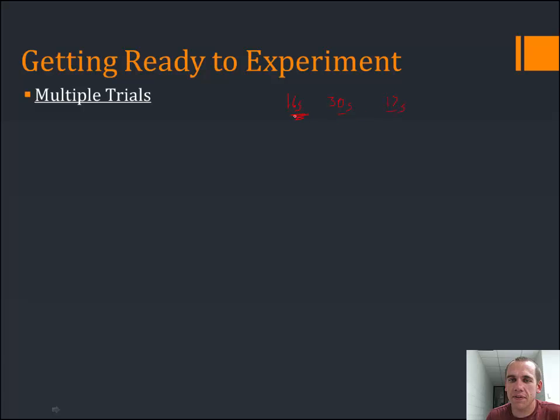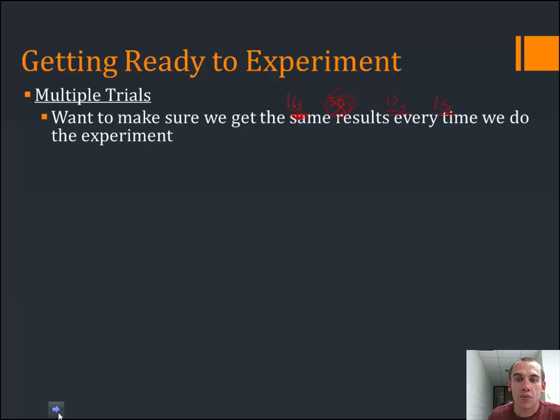That leads me to believe that the 16 seconds is probably good and the 30 seconds is probably not so good. We're going to do one more trial just to see, and if I get something like 15 seconds, then yeah, these 3 are in fairly good agreement with each other. This one's out, and I would not include that. I would probably say, oh, I forgot to restart my timer, or I miscounted my swings, but it's not a good thing. So we do multiple trials because we want to make sure we're getting consistent results, we're getting accurate results when we're doing our experiment.